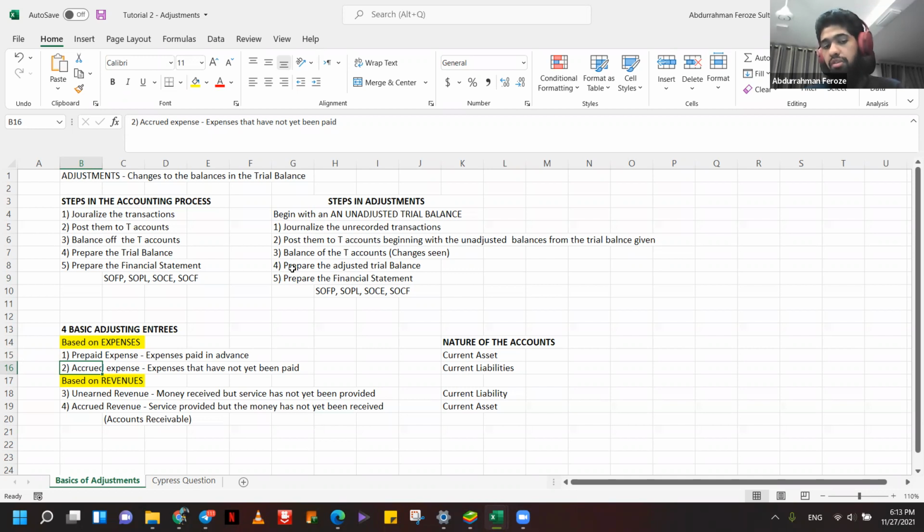So one good example of this is the airline ticket. Typically speaking, you buy your airline ticket in advance, right? Like let's say you're flying on the 10th of December, you have to buy it now. So from the airline's perspective, they have unearned revenue because they have received money for the service that they need to provide us, which is your flying, but they have not yet provided the service.